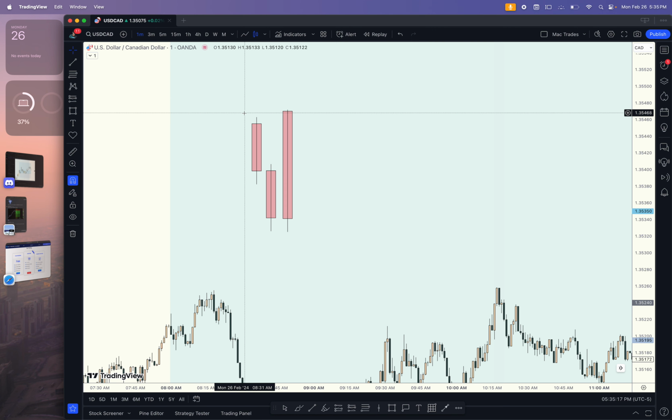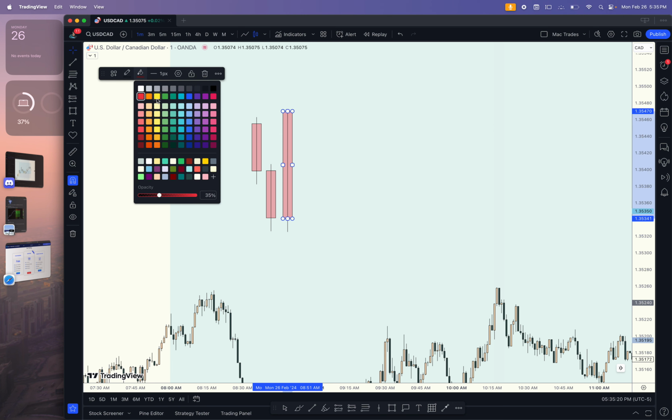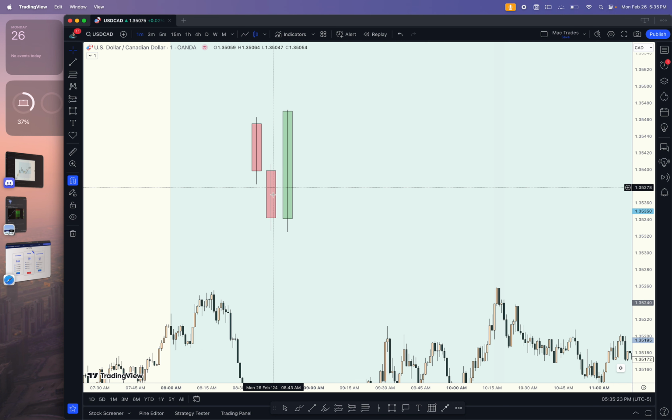Bullish candle here, engulfing these two bearish candles. This is still accumulation. These two bearish candles here, from low to high of this entire range, accumulation.